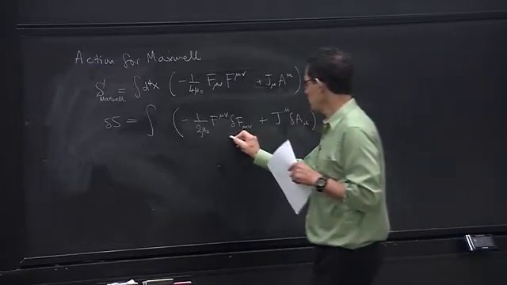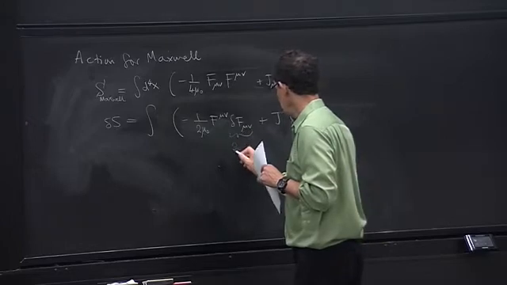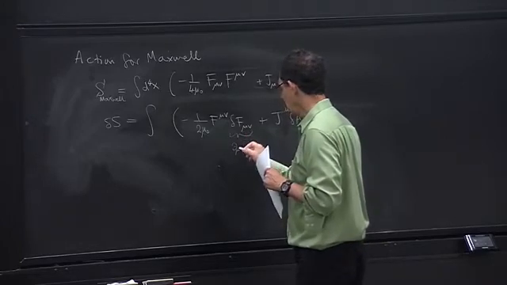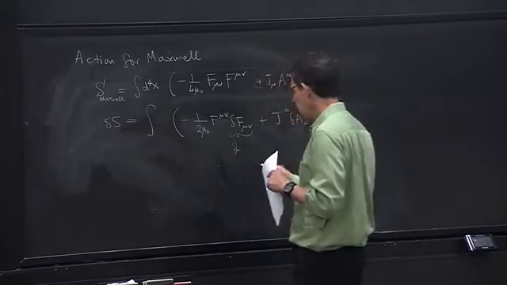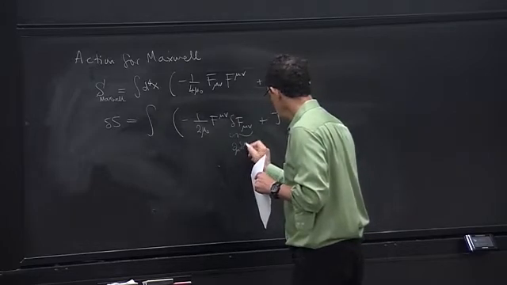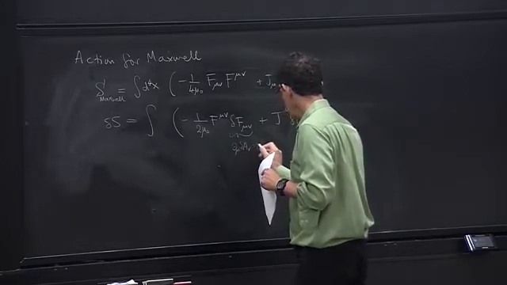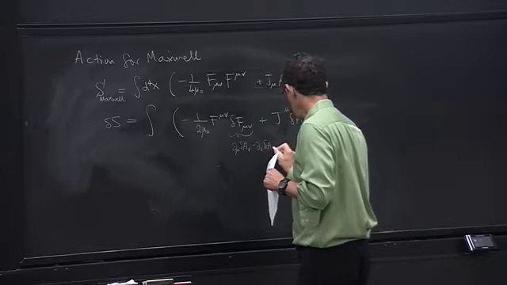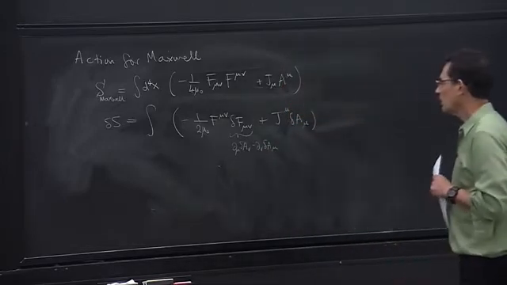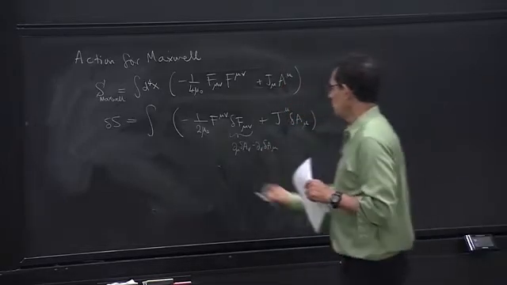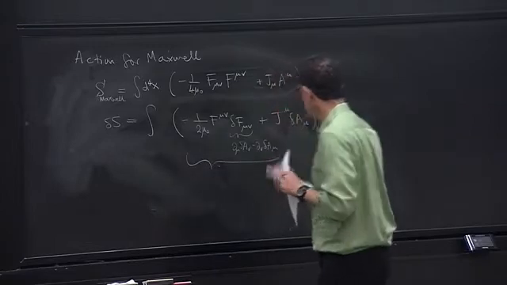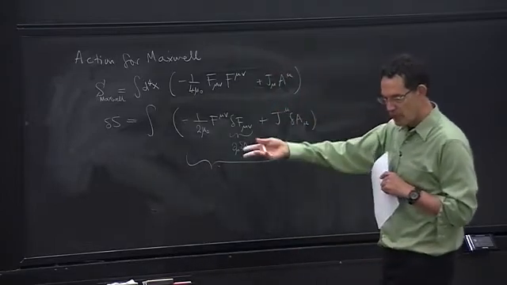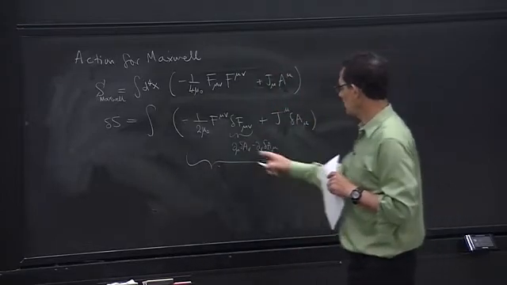What is delta F mu nu? Well, F mu nu is d mu A nu minus d nu A mu. So it's just d mu delta A nu minus d nu delta A mu. Okay? So what I do, as usual with actions, I integrate by parts.